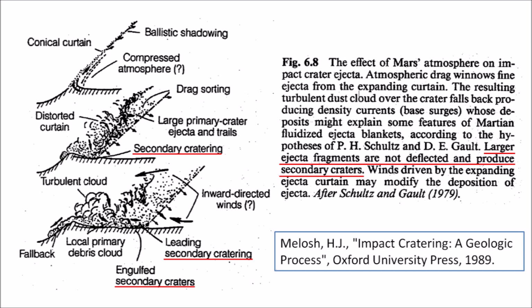Larger ejecta fragments are not deflected and produce secondary craters. Winds driven by the expanding ejecta curtain may modify the deposition of ejecta. From this book, we can see that in 1979, the idea of secondary cratering on Mars was already well established, but it is nice to see physical confirmation from the Mars orbiter.